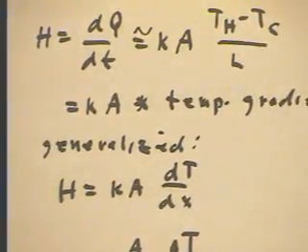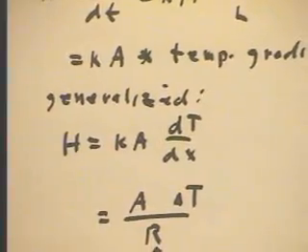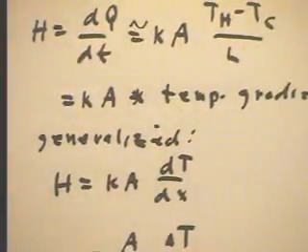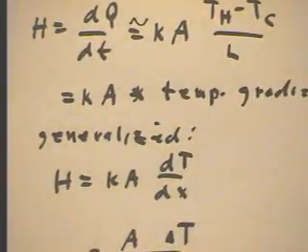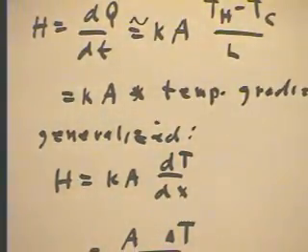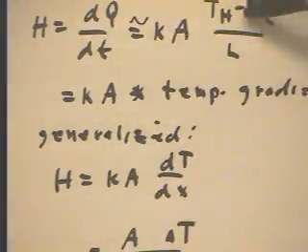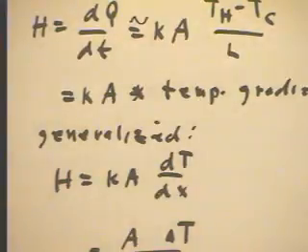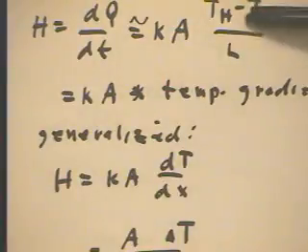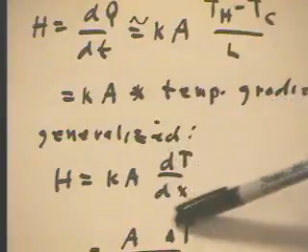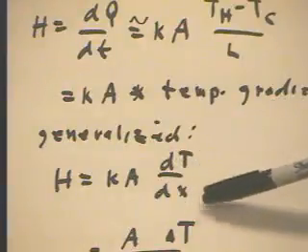We can generalize to a situation where the temperature gradient might not always be constant as it is in a wall. For example, imagine that thermal energy is flowing through a rod or a bar. You're going to have a cross-sectional area A, and you're going to have a temperature gradient at any point of the bar. If the bar gets narrower at some point and fatter at another point, this temperature gradient might not be constant, in which case you would express it as a dT over dx, something that might be a function of x.